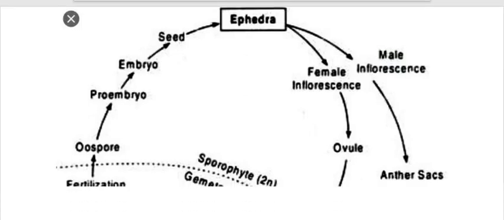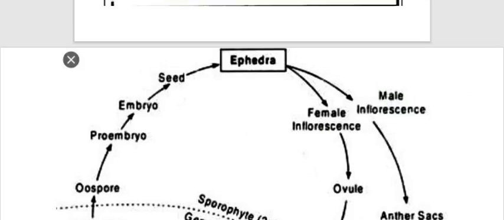This is the graphic life cycle of Ephedra, in which no diagrams are shown, only the stages are mentioned through their names. The male cones and the female cones, due to superficial resemblances with the angiospermic plants, are also known as male inflorescences or male flowers, and female inflorescences or female flowers.